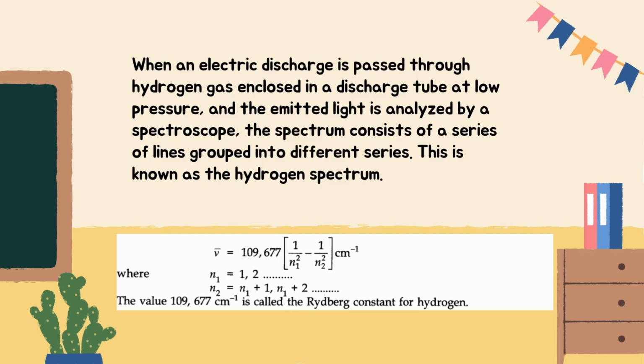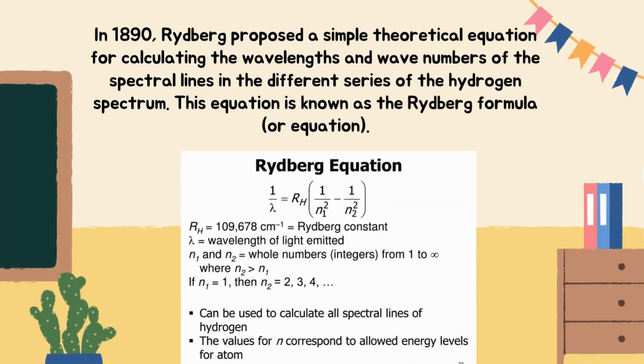Calculations in the image. In 1890, Rydberg proposed a simple theoretical equation for calculating the wavelengths and wave numbers of the spectral lines in the different series of the hydrogen spectrum. This equation is known as the Rydberg formula or equation.